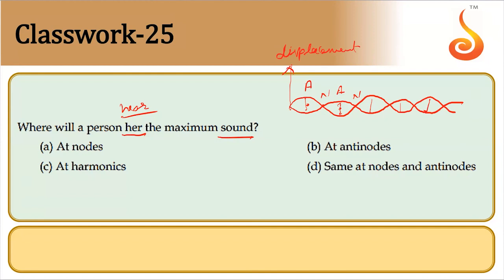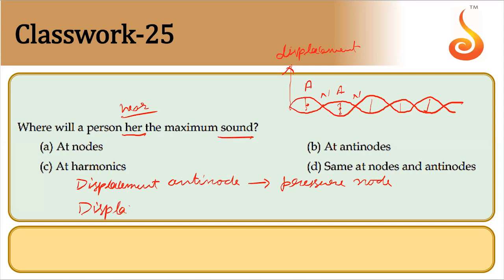So displacement antinode is actually pressure node, and displacement node must be pressure antinode.